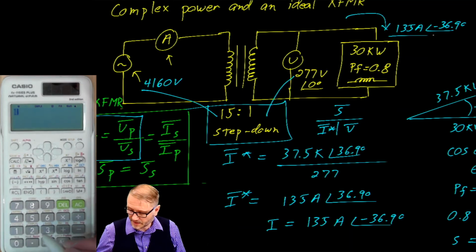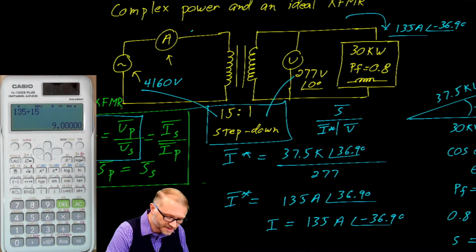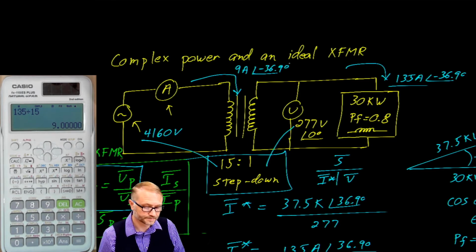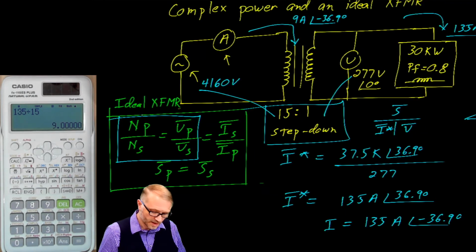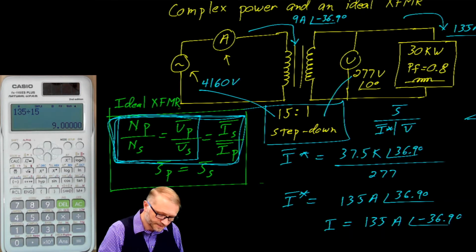So for the current, it's 135 divided by 15, which gives us this current here as 9 amps at a phase angle of negative 36.9 degrees. I'll leave it up to you to work those numbers through these formulas right here.